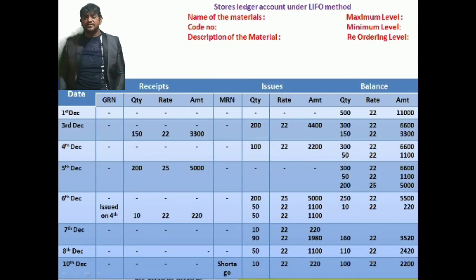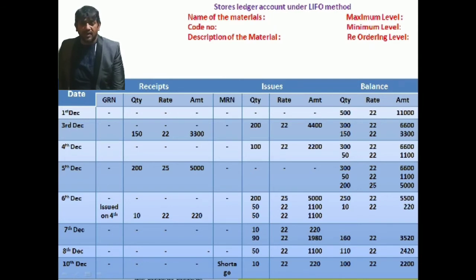So the balance is, sorry, on 7th December, there is an issue. So that is under receipts column, GRN dash, quantity dash, rate dash, amount dash, and under issues MRN is also dash. Under quantities, we are supposed to issue 100 units.